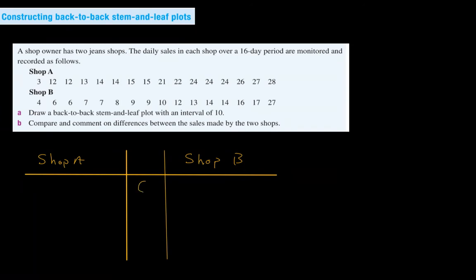So we're going to go up in 0, 1, 2. And I would encourage you to cross off the values as we go along. They're already in ascending order.